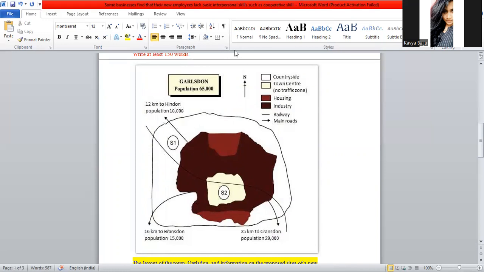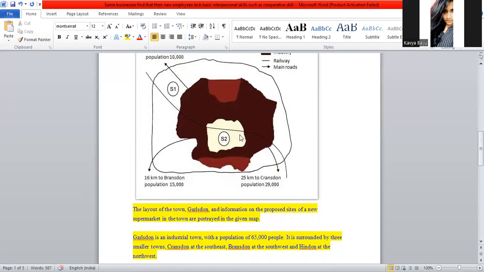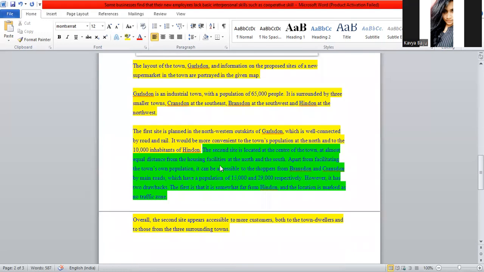So if this is near, naturally this can also be near. So that's not so far. If you calculate, it is convenient for the people from Cranston. It can be convenient for Hindon too. So it's more convenient if the supermarket was there in S1 for Hindon's residents. Now let's go ahead and make the corrections.